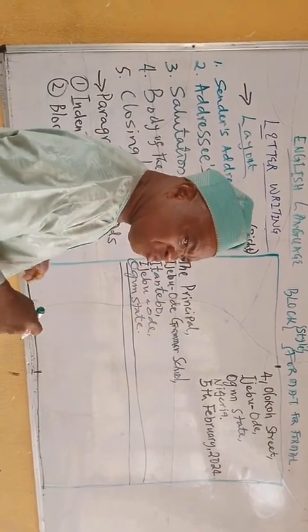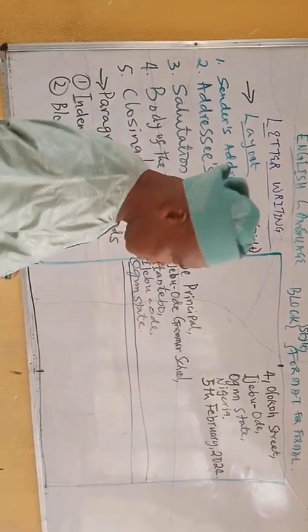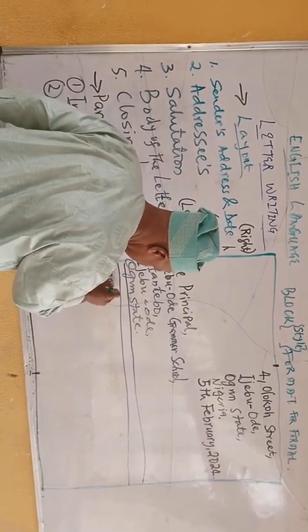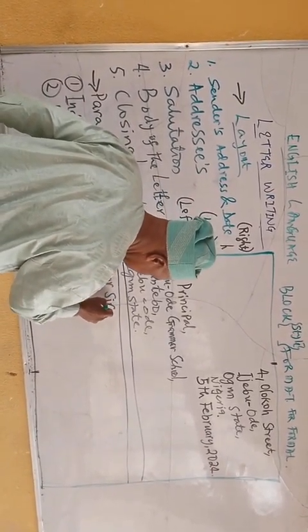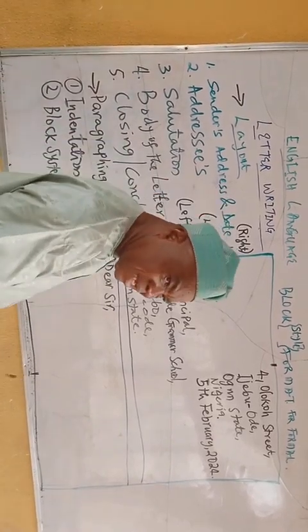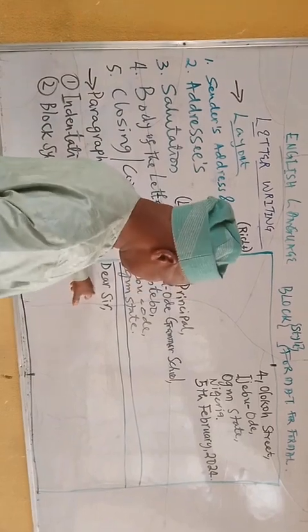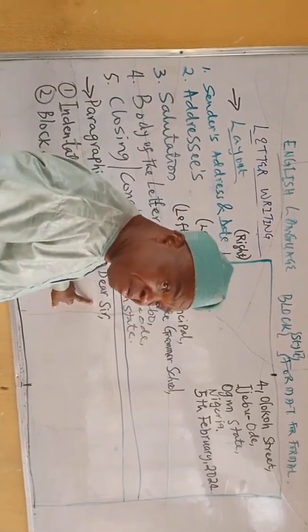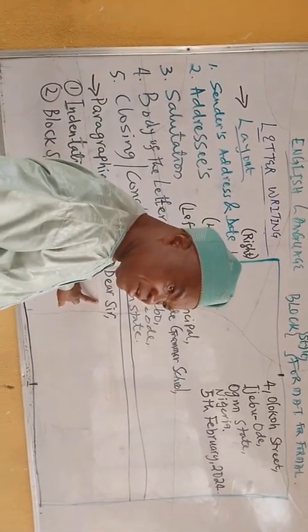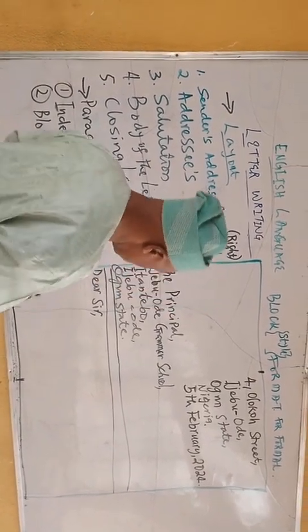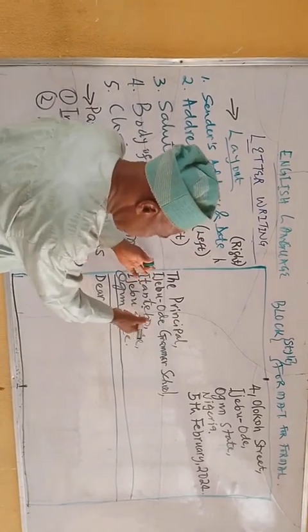A formal letter has some rules which you must observe. So you are writing Dear Sir, that's your salutation, or Dear Madam. In case you don't know the person, Sir goes for everybody in whatever designation the person holds. Sir is approved.